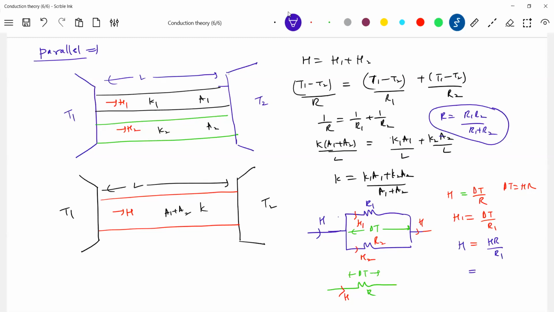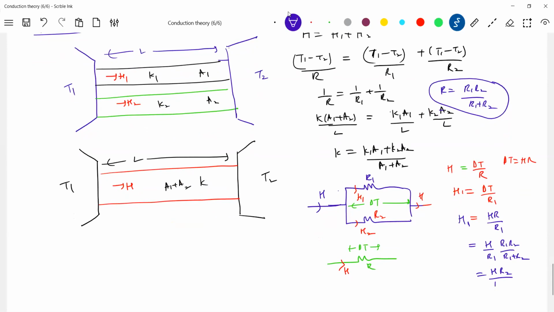What is R? R is equal to R1 R2 by R1 plus R2. Similarly, H2 is equal to delta T by R2, that is HR by R2. Solving this will end up with the final formulas.